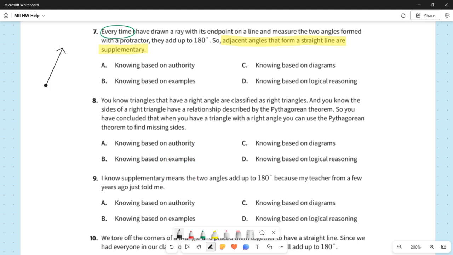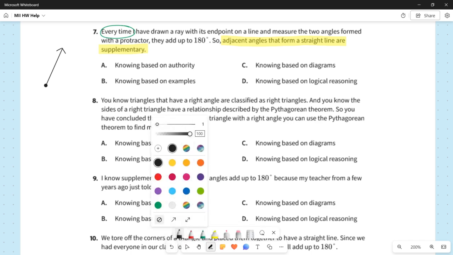And it's saying that every time I draw a ray with its endpoint on a line, so I have a line that looks something like this, and I measure the 2 angles that are formed, they add up to 180 degrees. So let's say we take this picture and use our protractor to measure this.